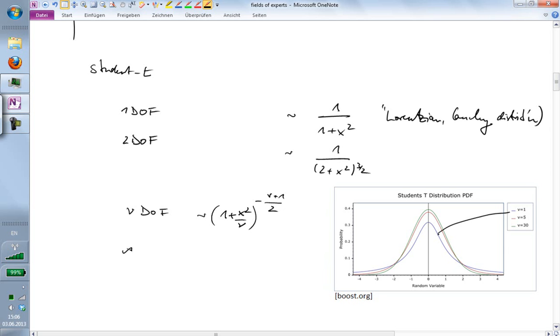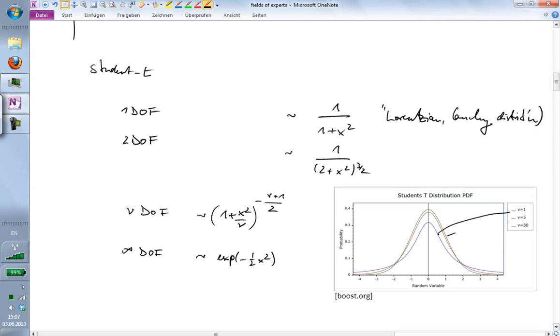And if you let nu go to infinity, then you again get the Gaussian. And this convergence goes fairly quickly.